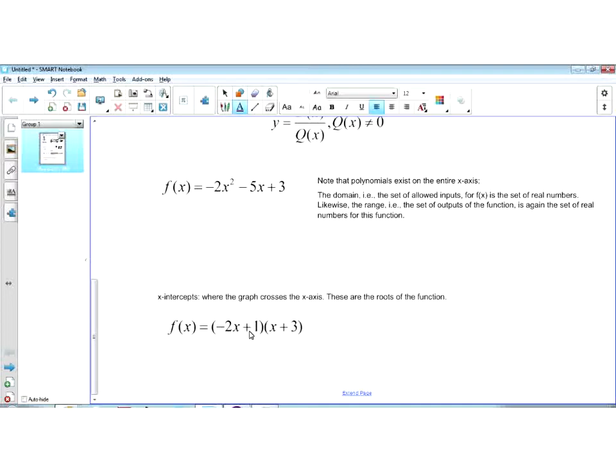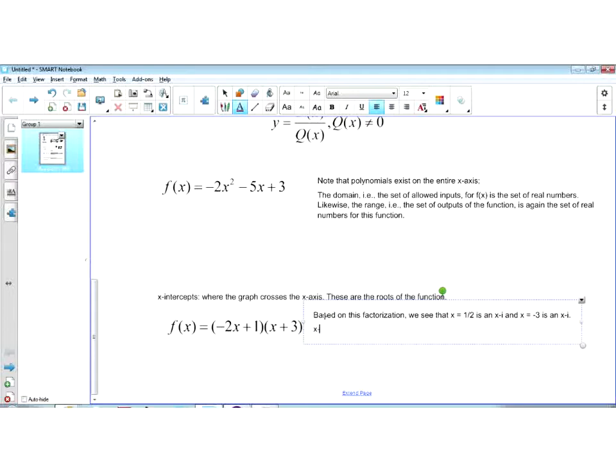So I'll do this implicitly. And so when we do that, based on the factorization, we see that x equals 1/2 is an x-intercept, and x equals -3 is an x-intercept.